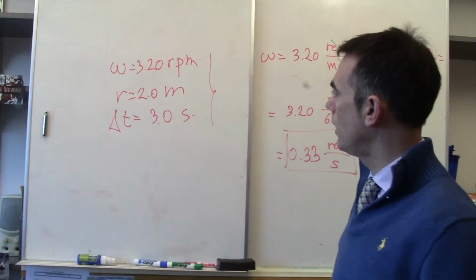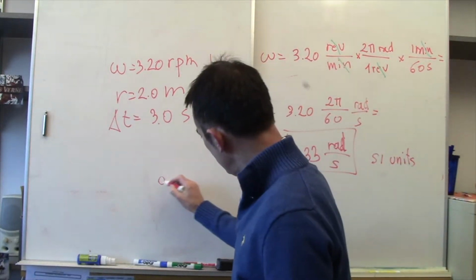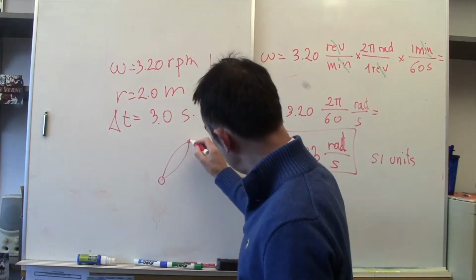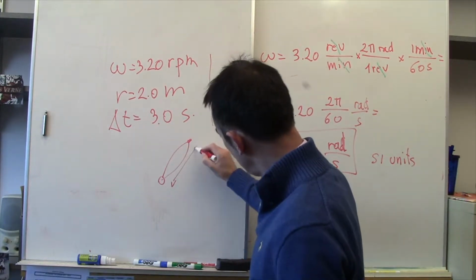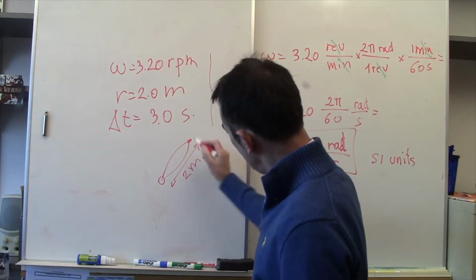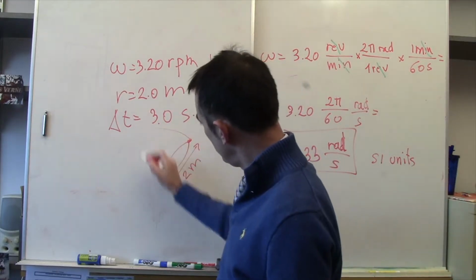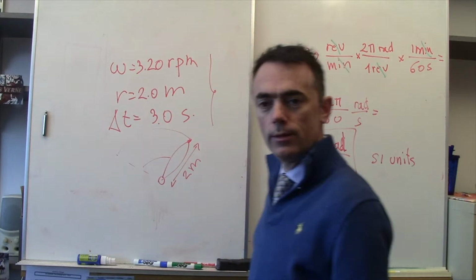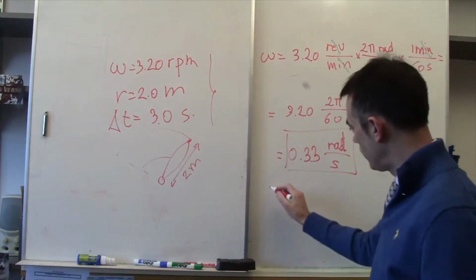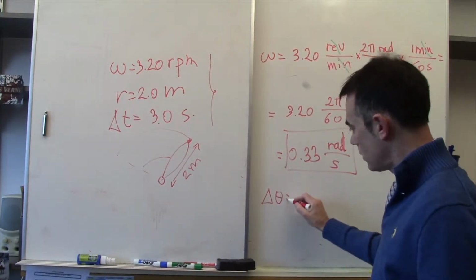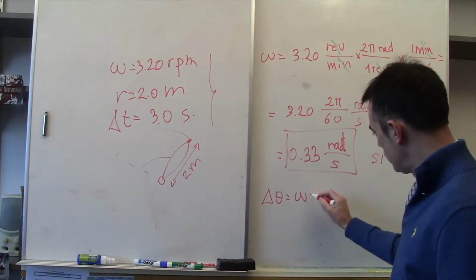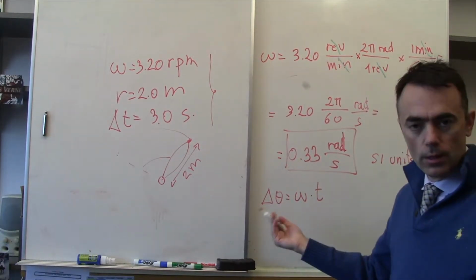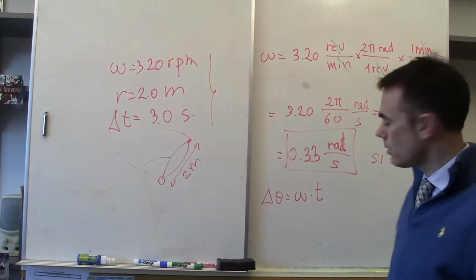Now we have the blade of the helicopter, and at the tip, knowing that this is 2 meters, it's going to be moving for a time interval of 3 seconds, and we want to calculate the delta theta. Well, we know that delta theta is going to be omega times delta t, as they tell us angular velocity is constant.